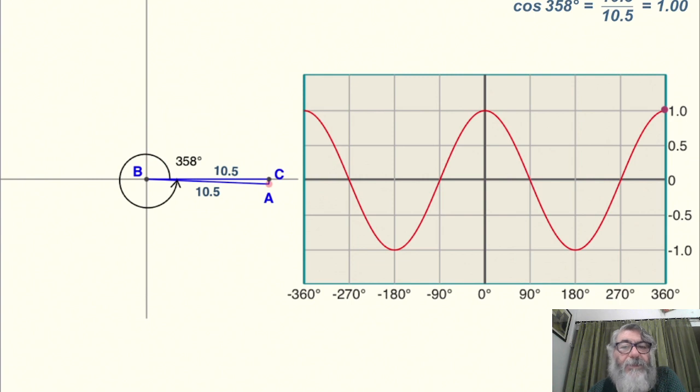Here it starts at maximum 1, comes down to 90, and below 90, at 91, 92, it becomes negative, comes to 180 at minimum minus 1, then starts increasing again, and at 360 it reaches plus 1. So this completes the second graphing of the function.